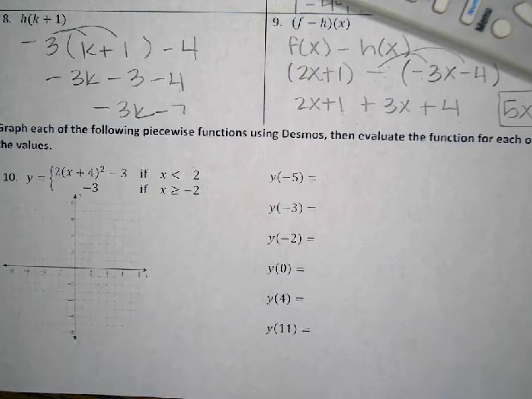Okay, get the table. They're all undefined. What do I do? I need to make more. Do I need them over here or over here? I need negatives. I can see that from my graph, right? I need negatives.